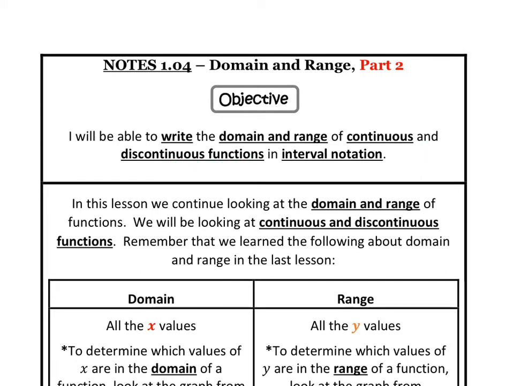How would we write out the domain and range for discontinuous functions? And we're still going to use interval notation. That's when you have a beginning point and an ending point.